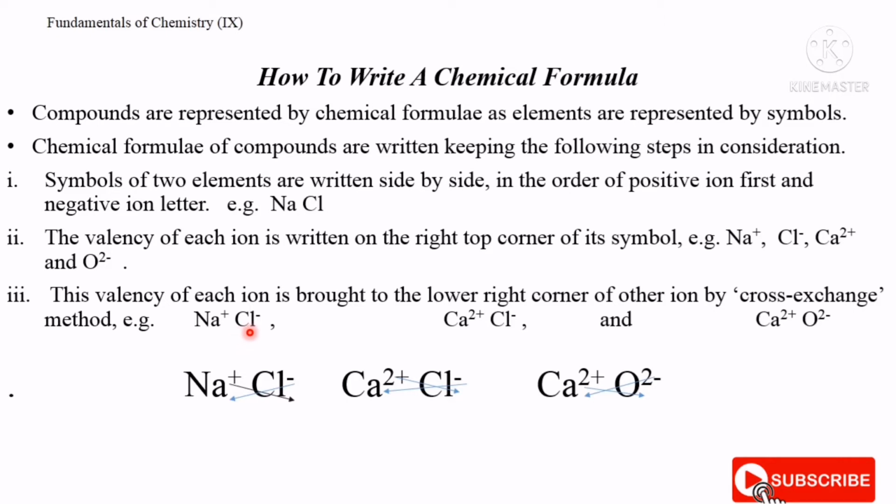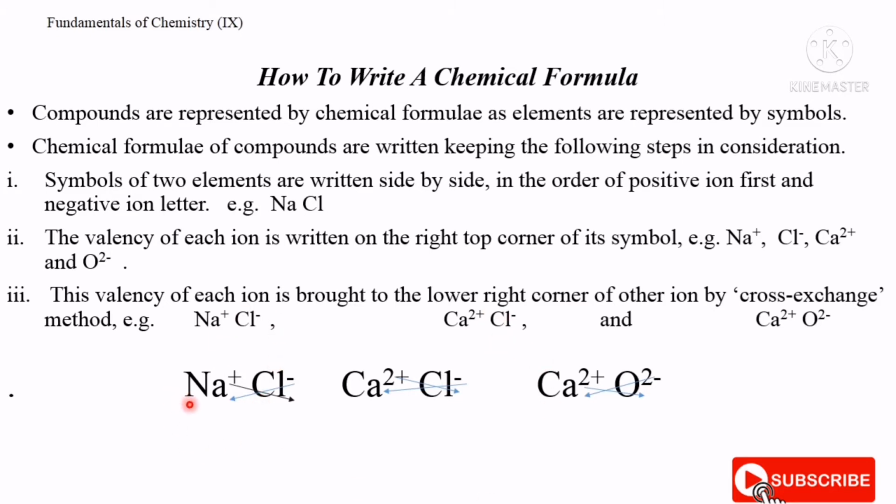In the same case we have calcium and chlorine: calcium having positive valency is first, and chlorine having negative valency is written second. In the same way in the calcium and oxygen case, calcium having positive valency is written first, and oxygen with negative valency is written later.